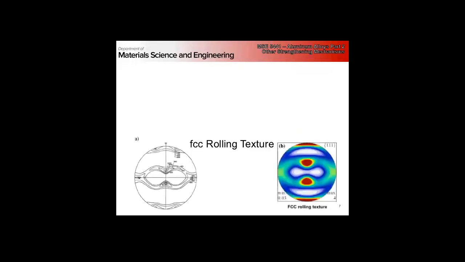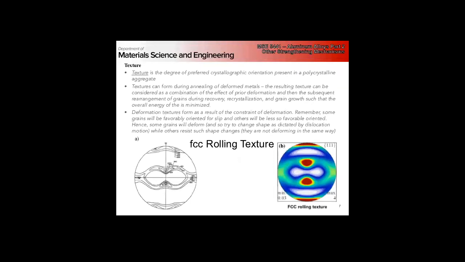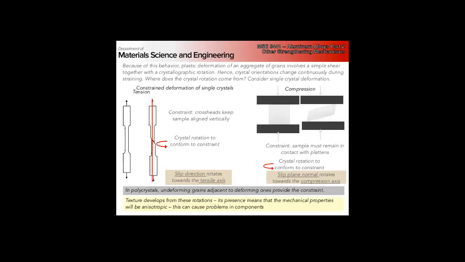Large coarse intermetallics tend to fracture, causing problems. I'm not going to ask any specific texture questions, but it is worthwhile knowing what texture is and how it can potentially provide strength.